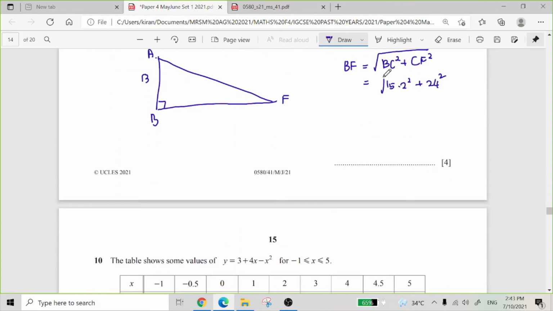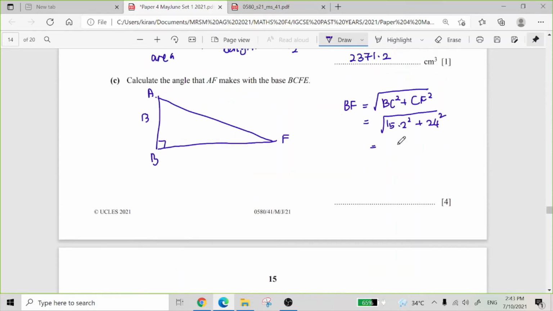Then we square root it. So we get the square root of 15.2 squared plus 24 squared, which is 28.41.